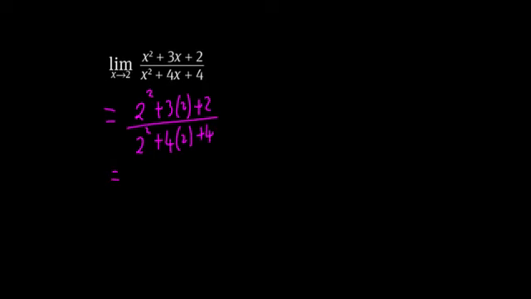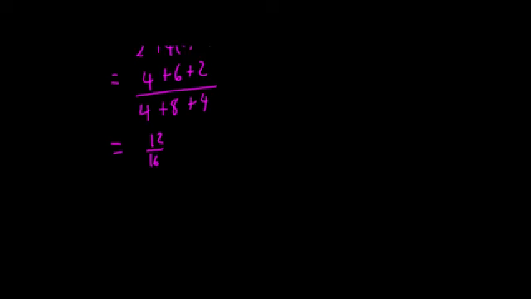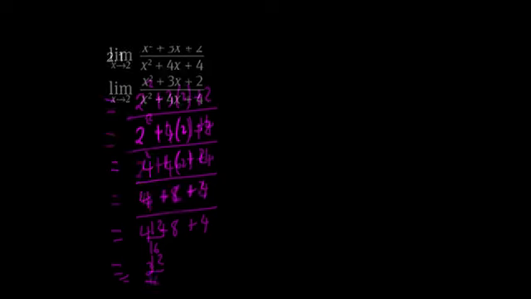And that gives us 4 plus 6 plus 2, all divided by 4 plus 8 plus 4. And then that's 12 divided by 16, which can simplify to 3 over 4. So this one works perfectly.